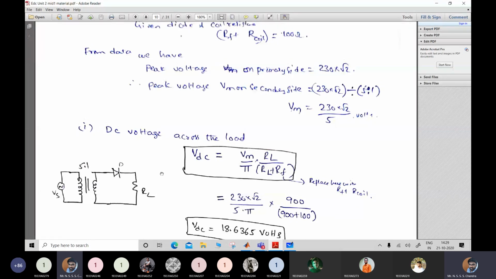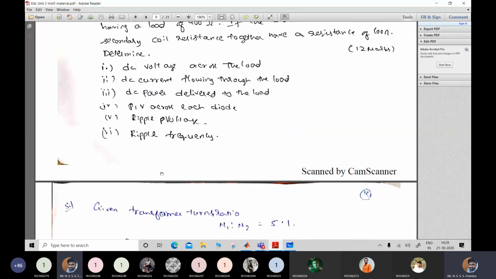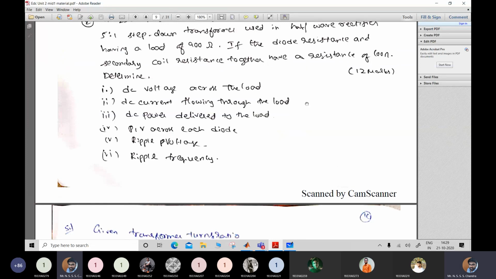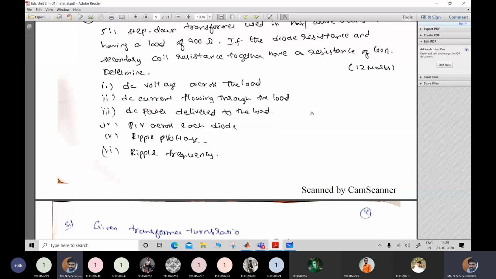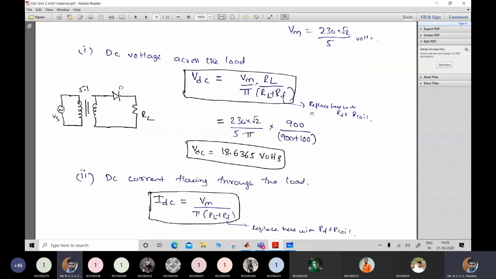In the question he has mentioned that diode resistance and transformer secondary coil resistance together have a resistance of 100 ohms. So it is RF plus R transformer. In place of RF you will be replacing it with RF plus this secondary coil resistance. Now RL is given, so I will be replacing that.